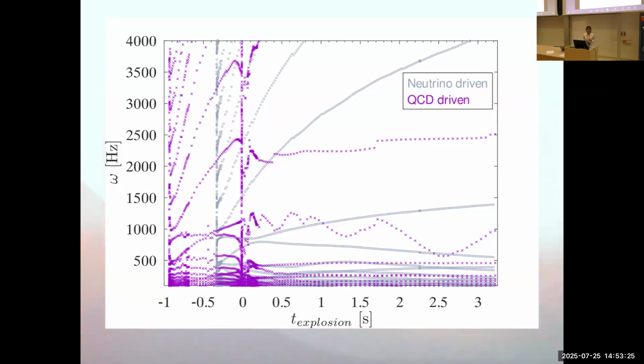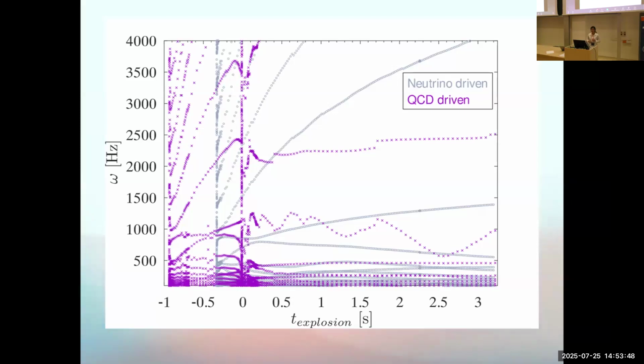So you can see here the gray ones are the neutrino-driven. There is the fundamental mode, if we assume the convention mentioned by Alejandro. So assuming that the frequency starts from here and then the avoided crossing continues here, this is the fundamental mode.